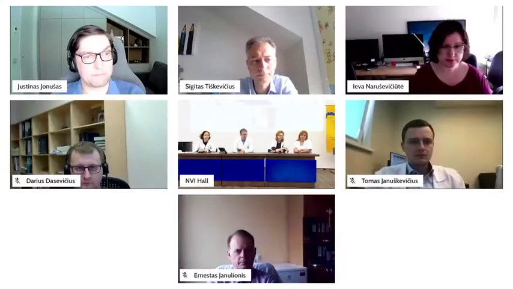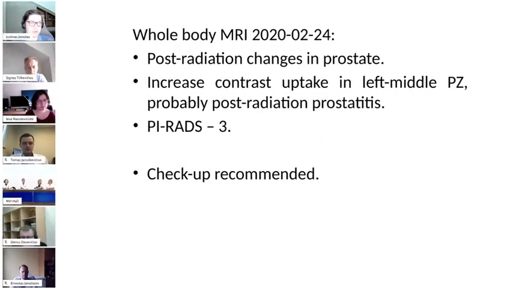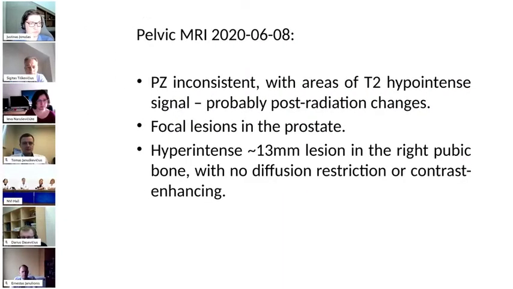Okay. And a pelvic MRI was performed after the whole body MRI. Would you be so kind to comment on this pelvic MRI? Yes, of course. Can you show my images?